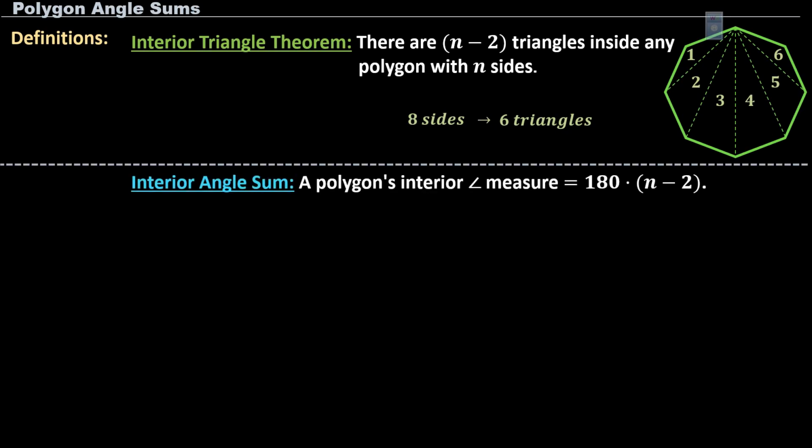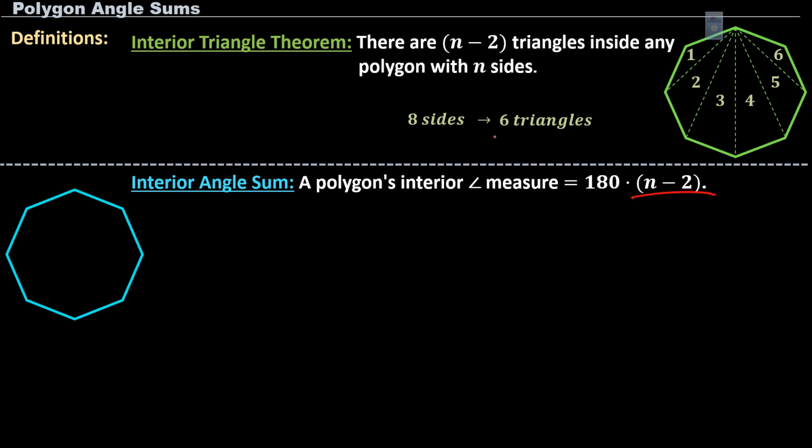Then we have the interior angle sum, which says that a polygon's interior angle measure is 180 times n minus 2. Now if we think about that for just a second, the interior angle sum is 180 times n minus 2. Well, what is n minus 2?